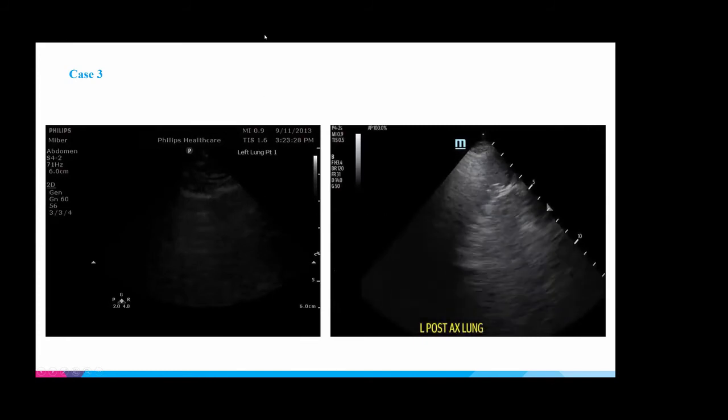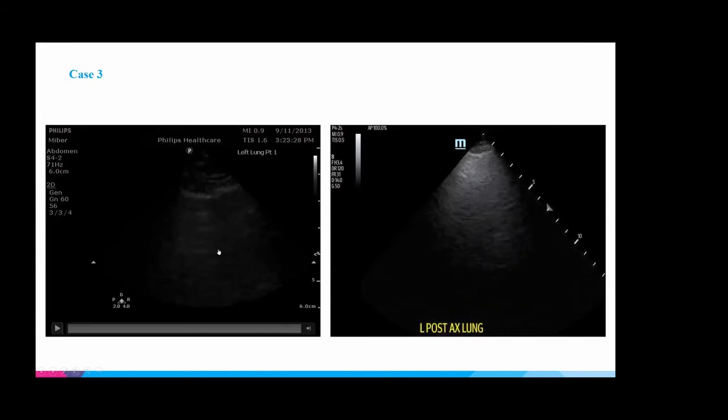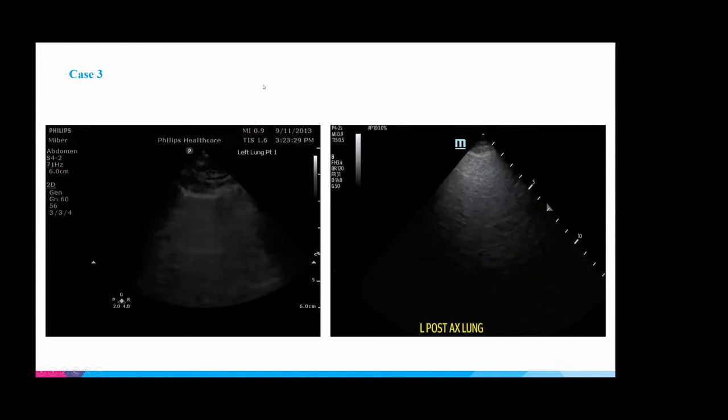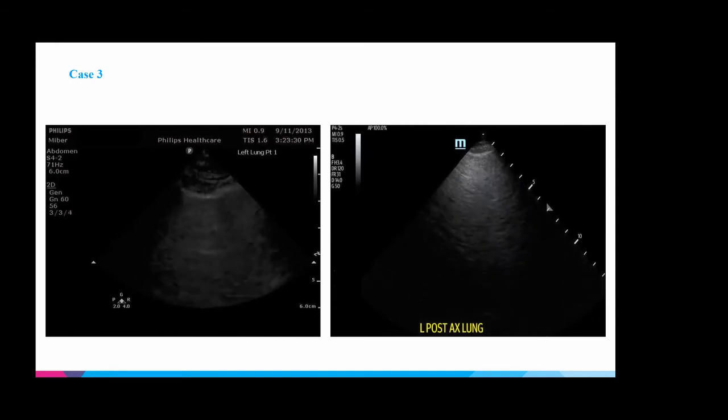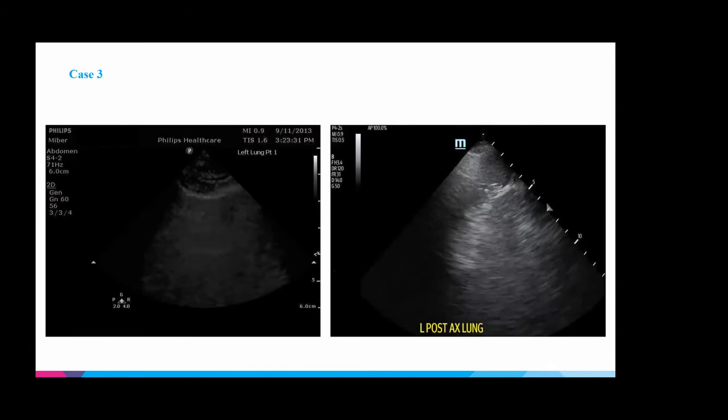And so this is on the left. It's not playing. Let's see. Okay. What do we think of the left lung findings?